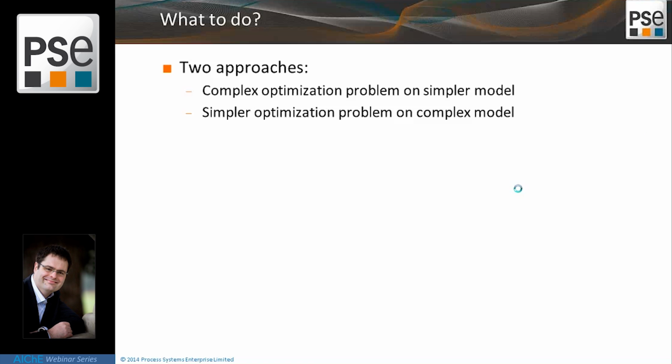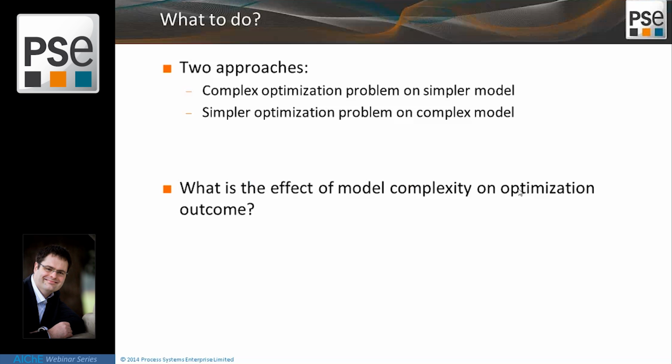We usually have some sort of CPU usage we want to use, and we can focus that on the optimization problem or the model. And obviously, the other way to do it is to say, no, I want very accurate models, but then I have to compromise, if you will, on the optimization problem. So the question that then arises is, what is the effect of model complexity on the optimization outcome?